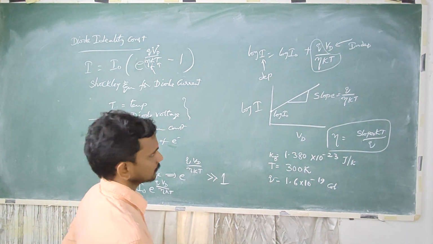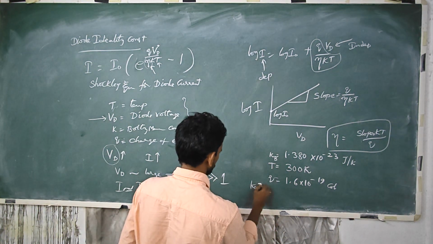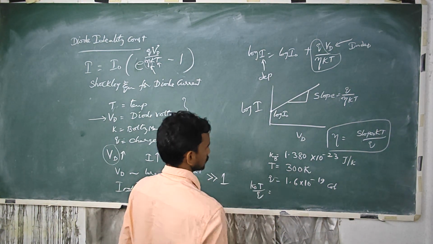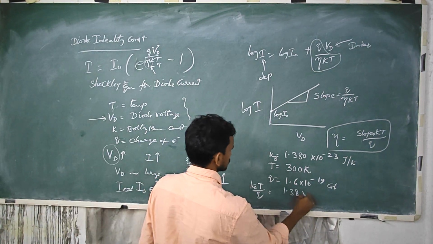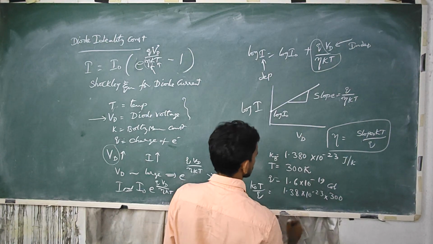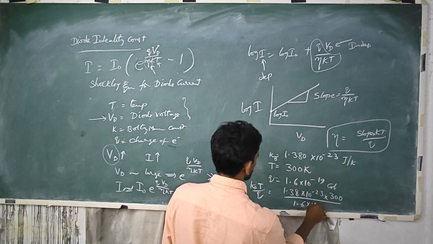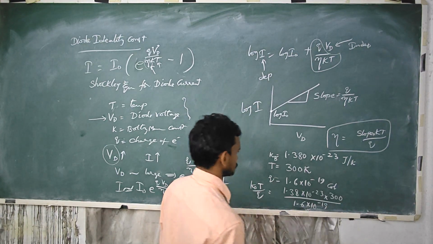So what do you get? kT by q value: 1.38 into 10 power minus 23 into 300 by 1.6 into 10 power minus 19.